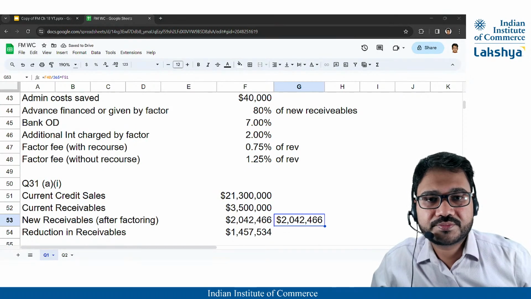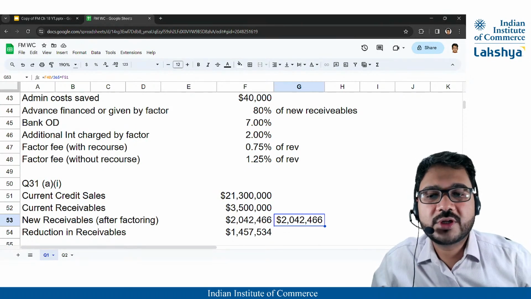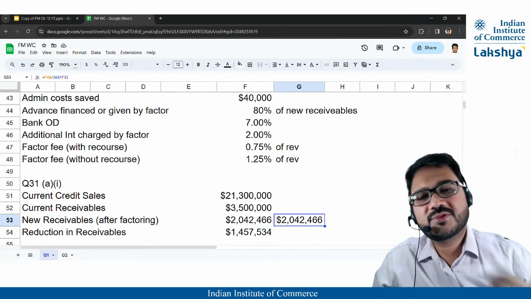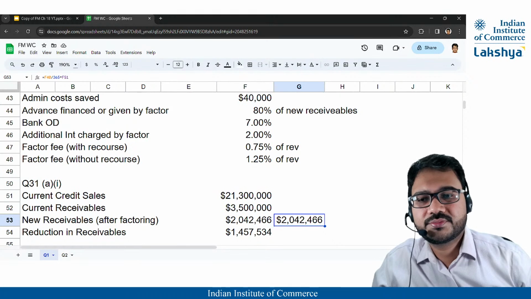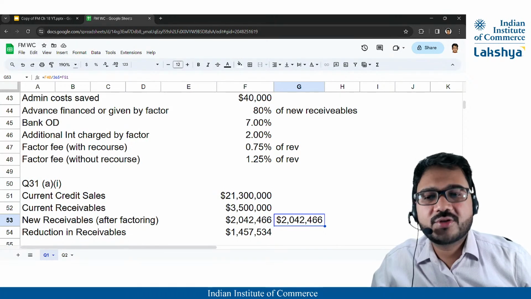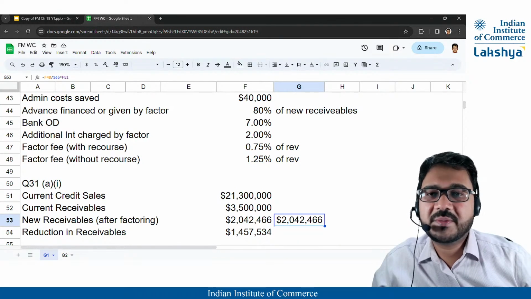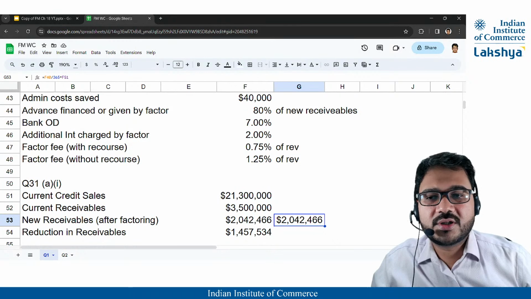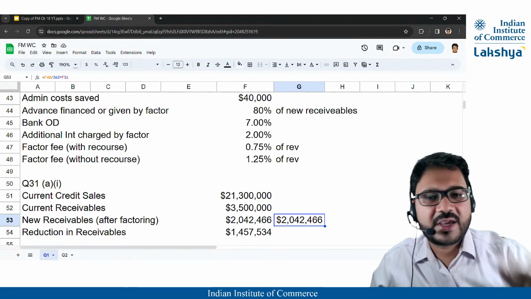Right, that is how you would calculate your new receivables. So I've already done the calculation. I'm just showing it to you. Right. So it is the receivable days divided by 365 into your current credit sales or the relevant cash flow.